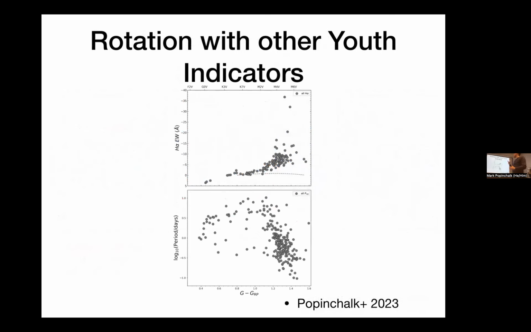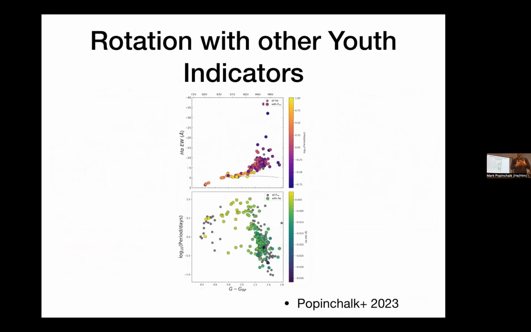We looked at TESS along with other indications of youth, and I'm showing H alpha equivalent width here at the top. The bottom panel is the log of the rotation period by color, and the top panel is H alpha equivalent width by color.